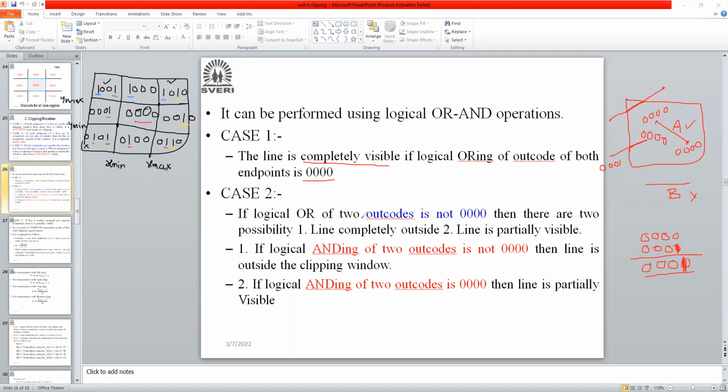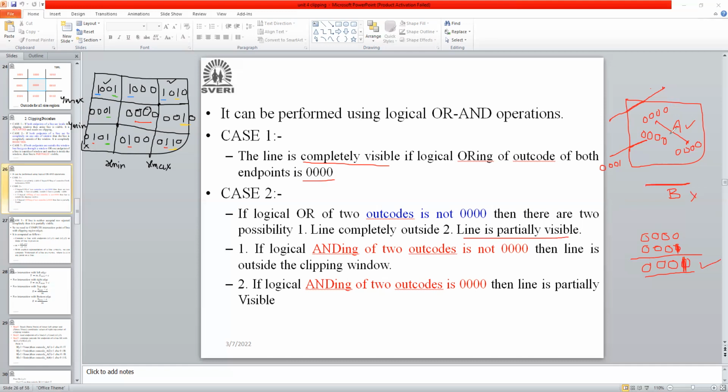So if the logical OR of two outcodes is non-zero, then there are two possibilities. The first possibility is the line is partially visible, like this line. And the second is the line is totally invisible. Now we will see the outcodes of this line B. What are the outcodes of line B? Can you tell?